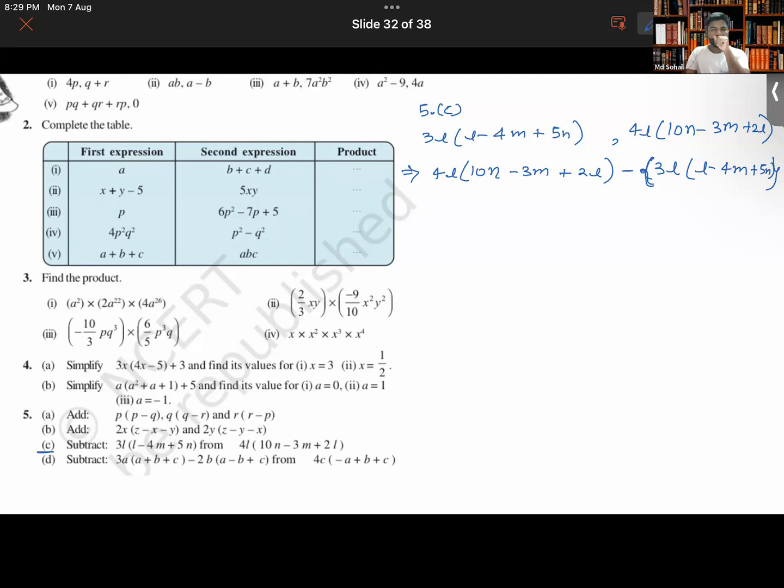So first we will multiply. So first we will simplify it. Exactly. First, we need to simplify it so that the calculation becomes easy.